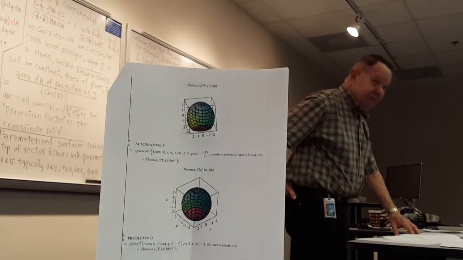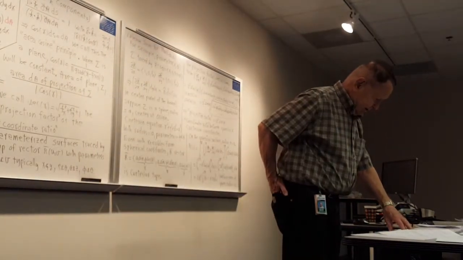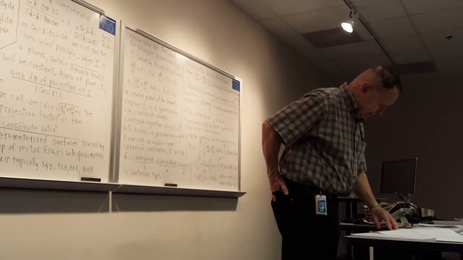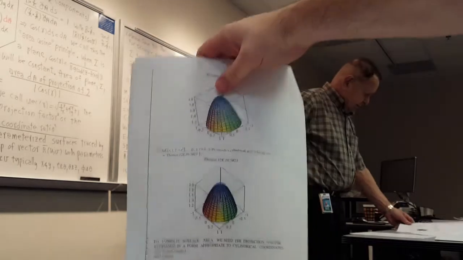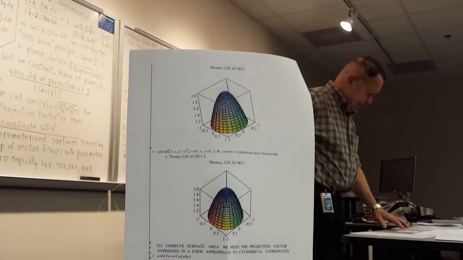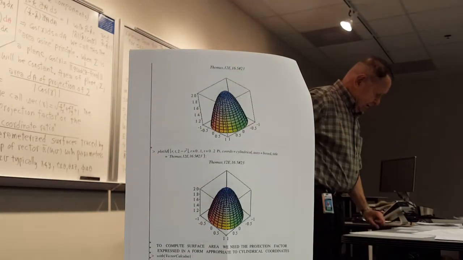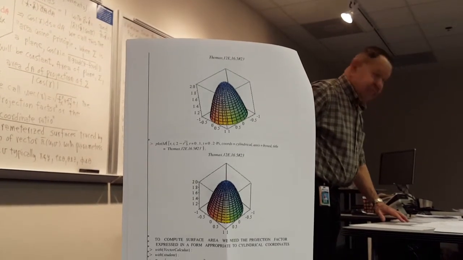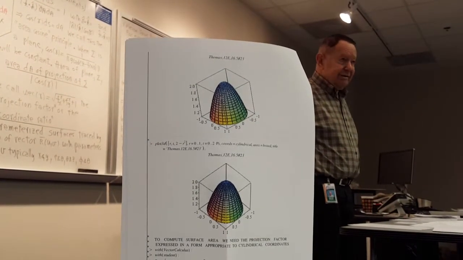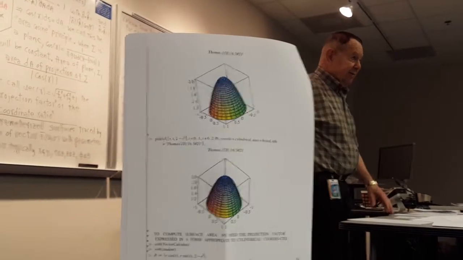So then they would be r and t, and 2 minus r squared, and coords equal cylindrical, and you have the same picture. So then you see what I've typed. To compute the surface area, you need the projection factor in the form that's appropriate to using cylindrical coordinates.